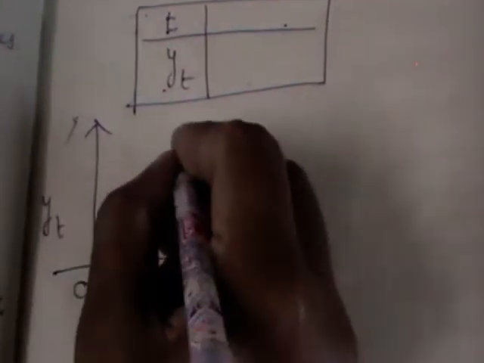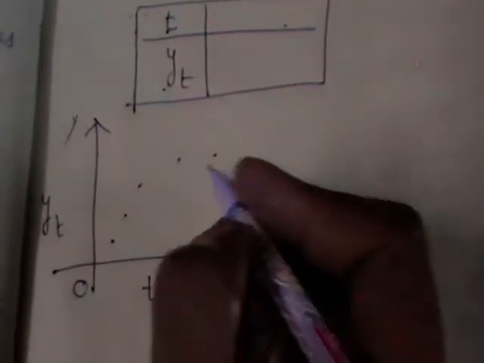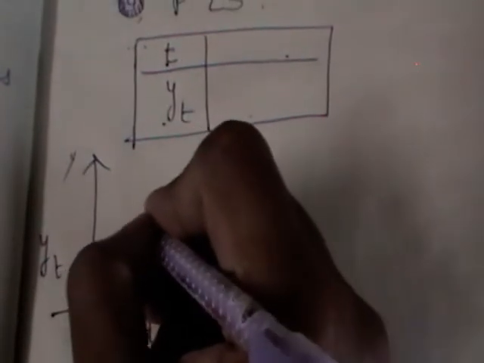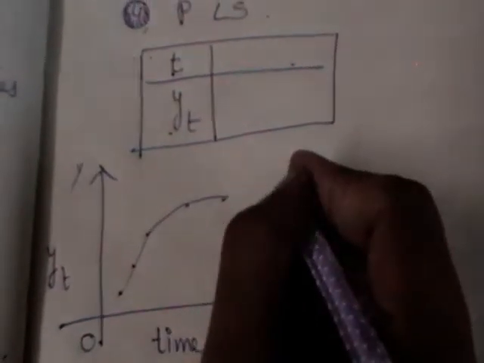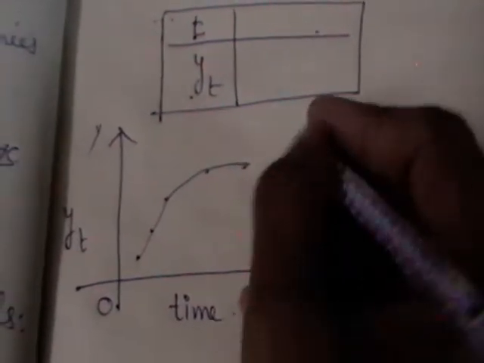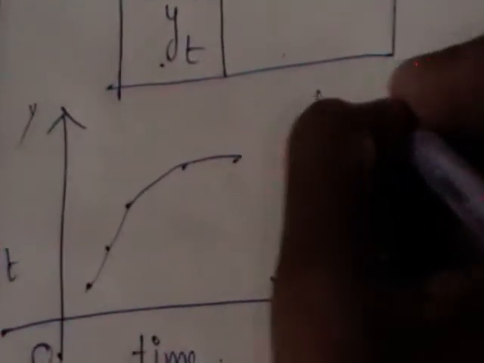Plot the given time series data on the bivariate axis. Join the points to get an idea whether the trend is linear or non-linear.